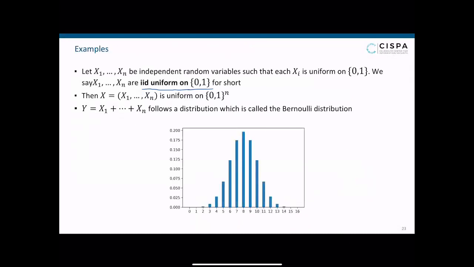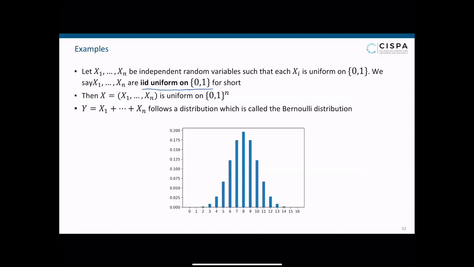Now, next example, this one is a bit more complicated. Let's take our IID random coins x1 to xn and add them all together. We're adding them over the integers. We're not computing an XOR operation, but we're adding them as whole numbers, as integers.